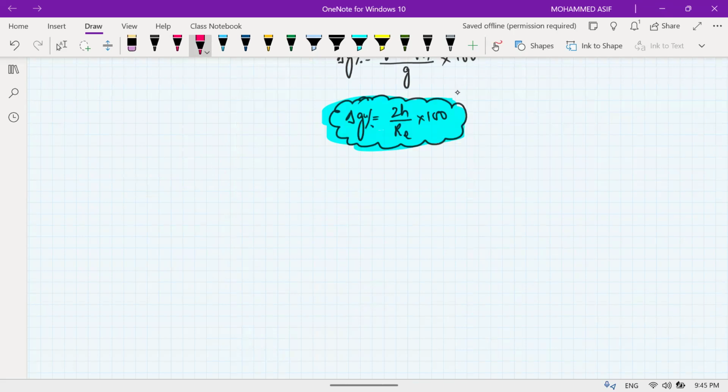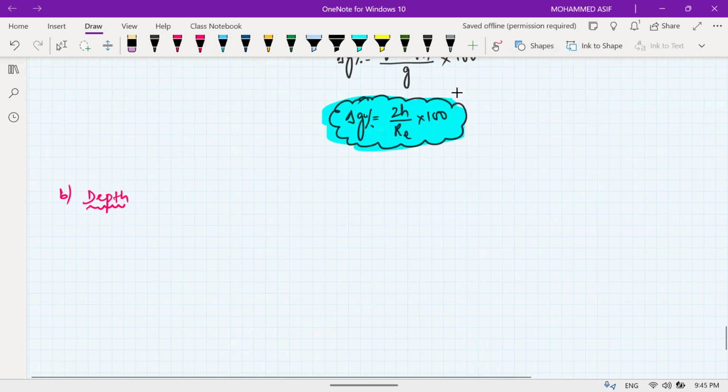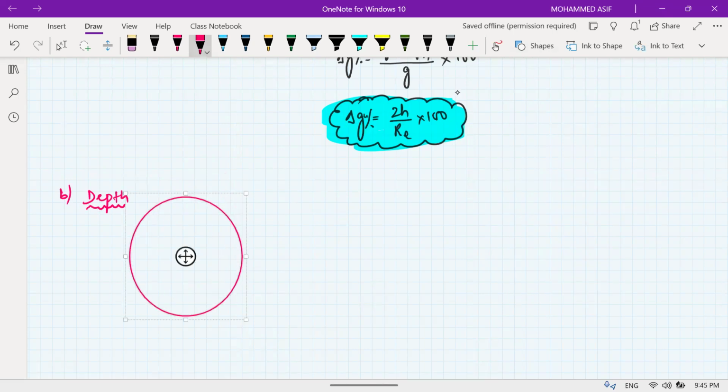Next one, with respect to depth. That means when a body is being taken to a certain depth from the surface of the earth. From the center to the surface, this is the radius of the earth.